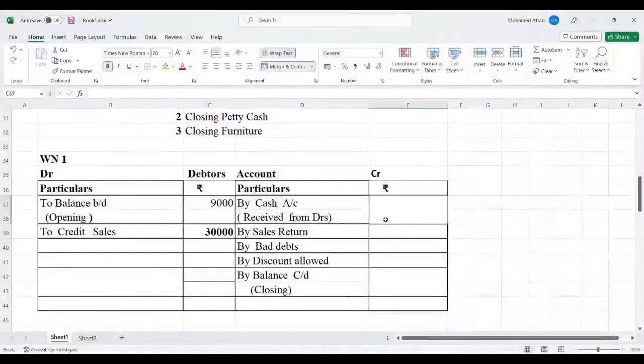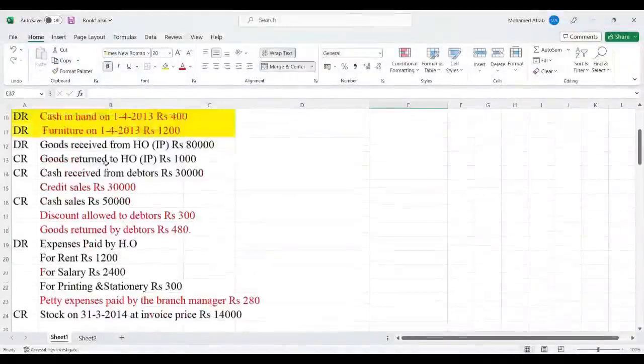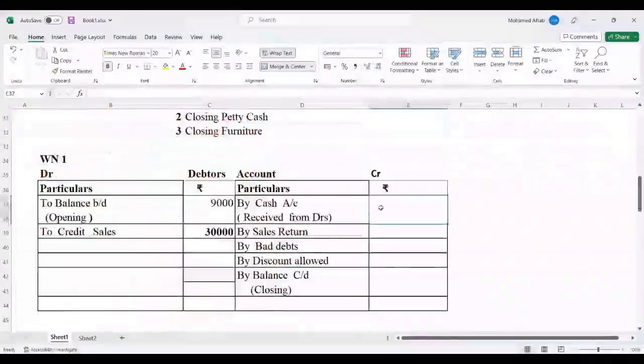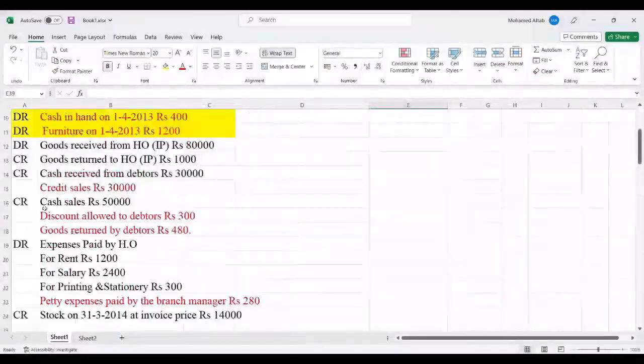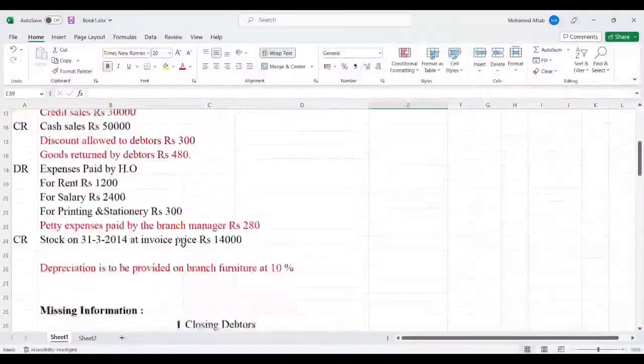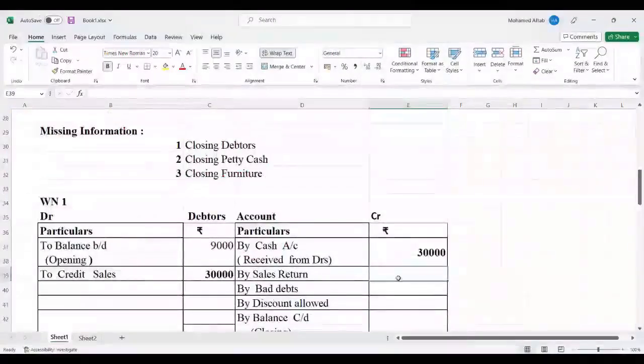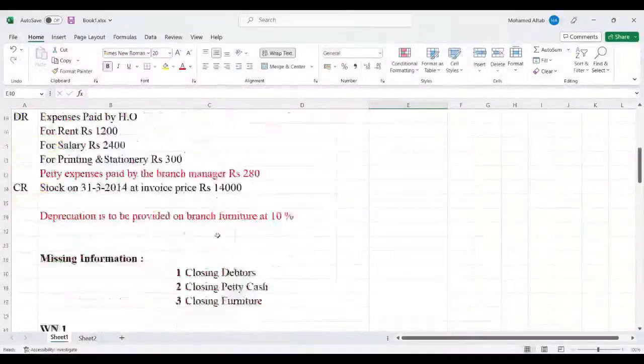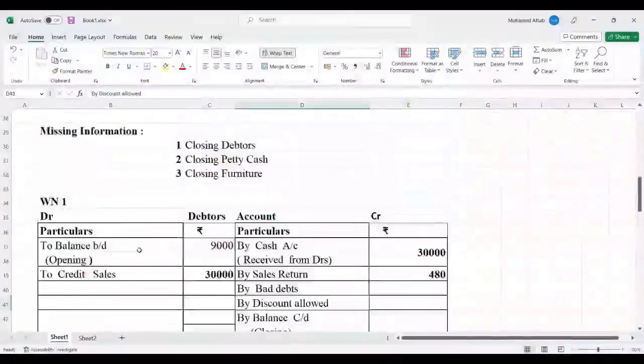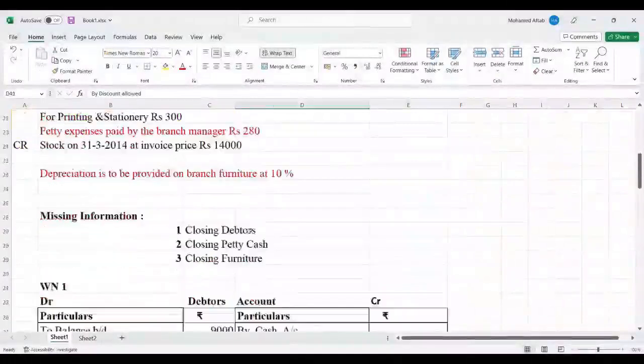Cash received from debtors, that is 30,000. Sales return, that is goods returned by debtors, is nothing but sales return, 480. Bad debts is not given, leave it. Discount allowed, 300.